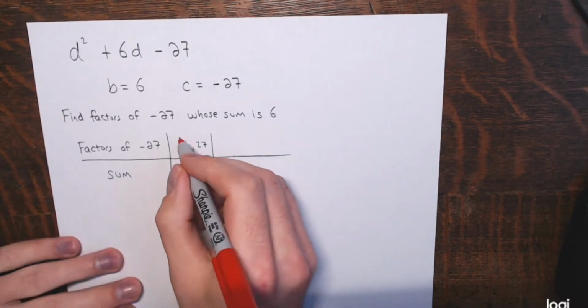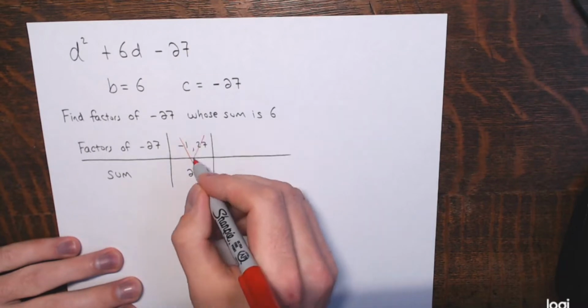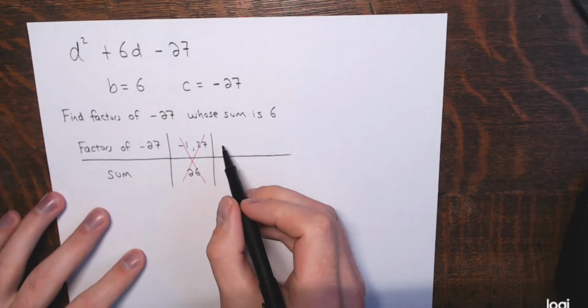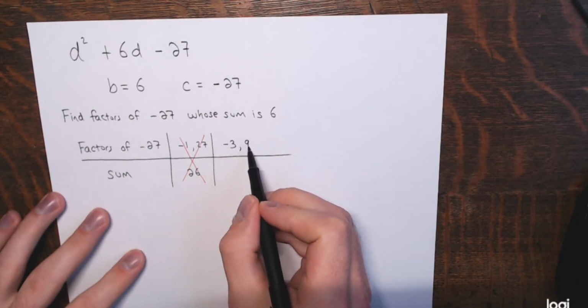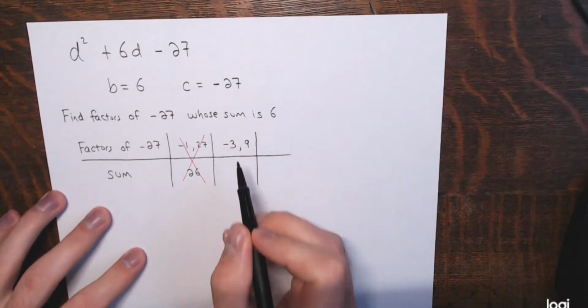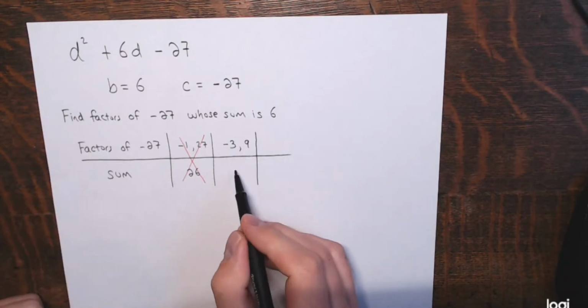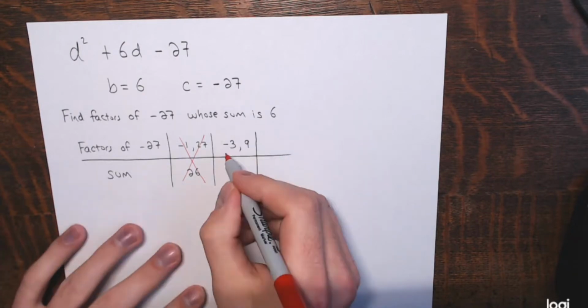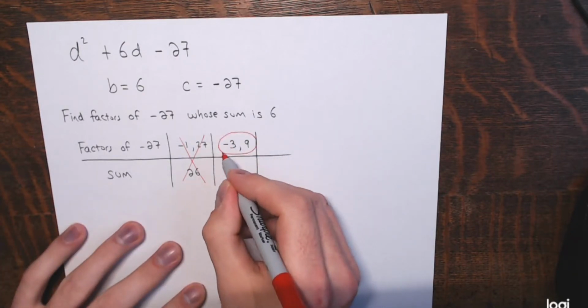That's not adding up to positive 6. Then 2 doesn't go into 27. 3 does, right? Negative 3 times positive 9. That'd be negative 27. And oh look, these add up to positive 6. Negative 3 plus 9 is positive 6. And so these are the factors I want.